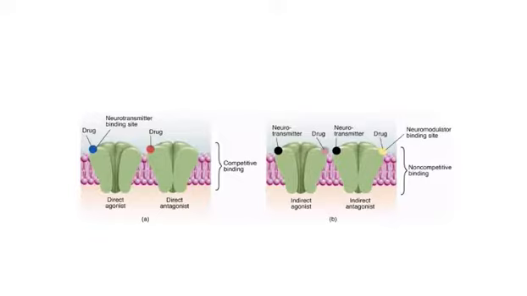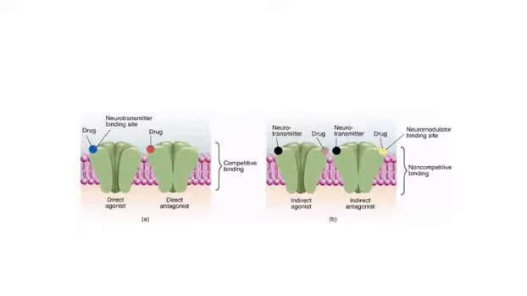Other neurotransmitters can bind to their normal site, and a drug can bind to an alternative binding site itself. And in this case, this would be an example of non-competitive binding.